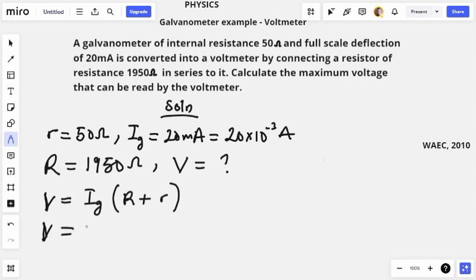So I subscript G is 20 times 10 raised to the power minus 3, open bracket, R is 1,950 plus small letter r, which is 50.